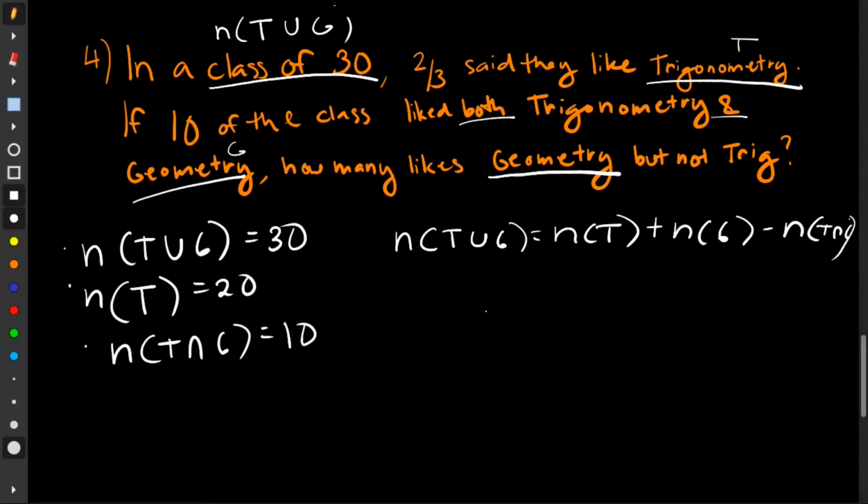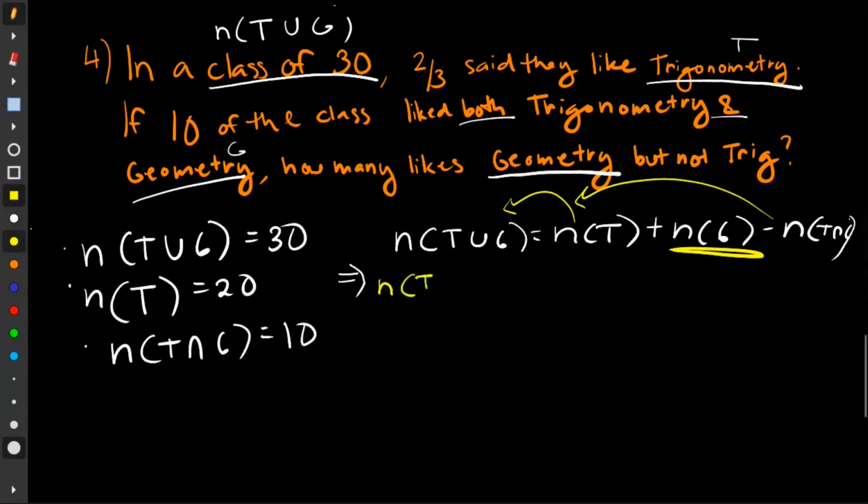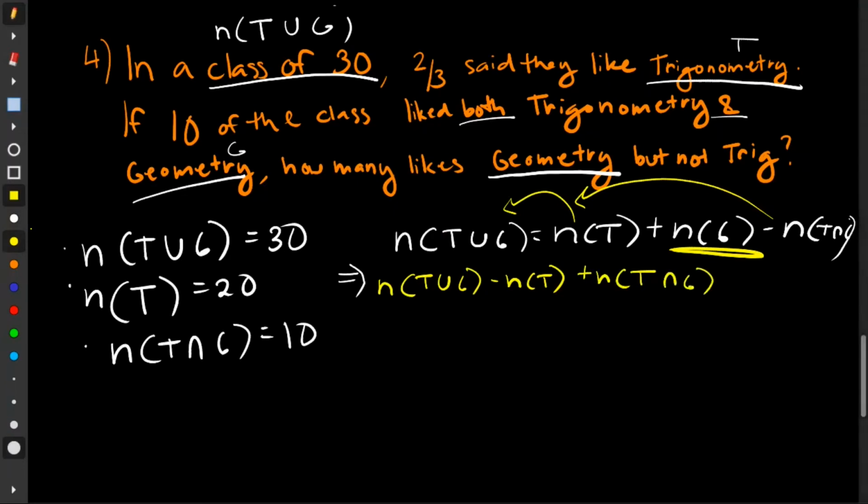Since we're finding G, we can rearrange this to give the union minus the cardinality of T plus the cardinality of their intersection.